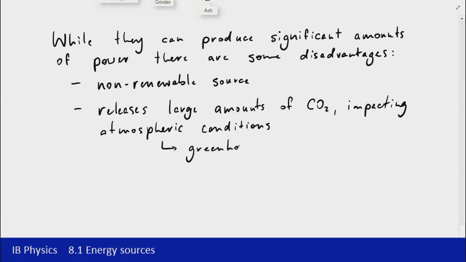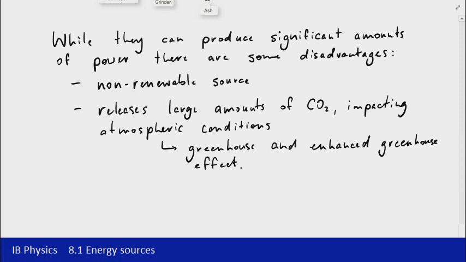Now those two ideas we'll look at in subtopic 8.2. So we'll go through that in a bit more detail. That's largely about the transfer of energy into the Earth's environment. And so, like I say, that'll be in subtopic 8.2.